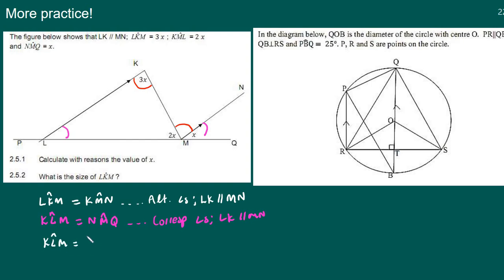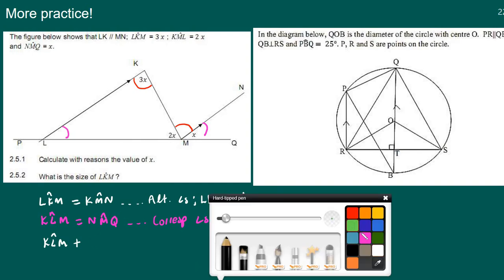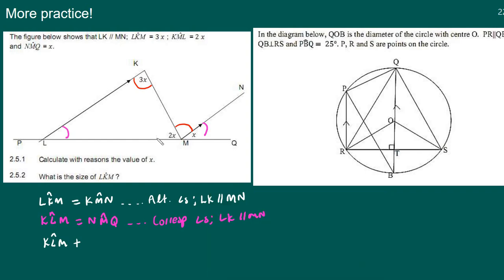So for the co-interior one, it's NML, that whole angle, LMN. Yes, the whole one. Co-interior, that's true. You see, they make a U shape there.